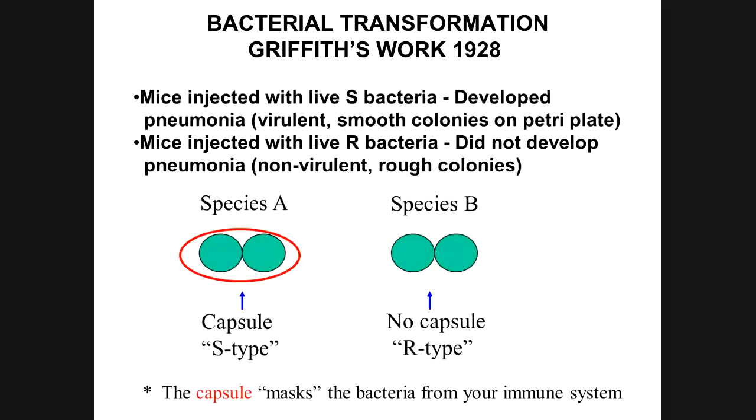Here we have the same information about the mice, and I'm showing you species A versus species B. You can see species A has a capsule around it which masks the bacteria from being seen by your white blood cells, whereas the R type on the right does not have that capsule, and it can be readily seen by your immune system and killed.